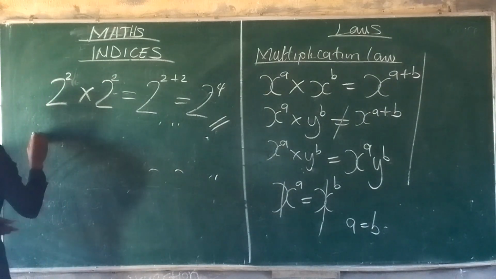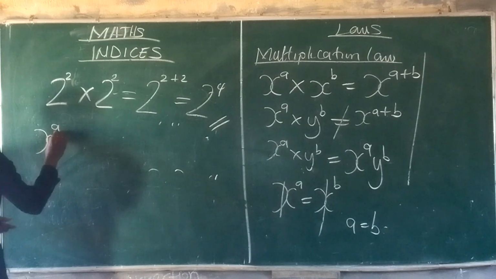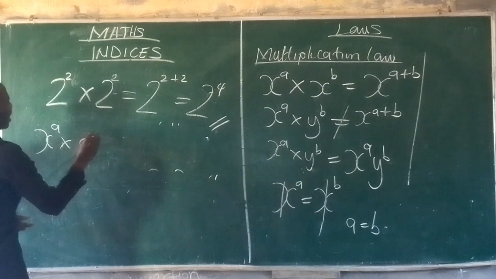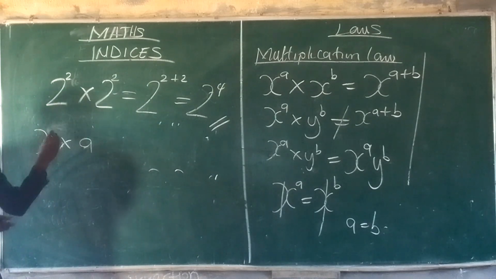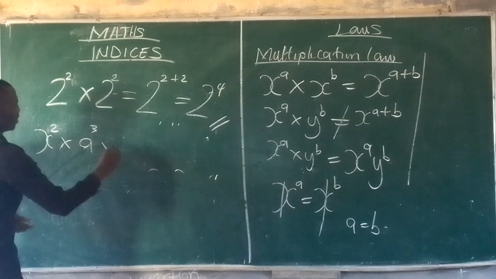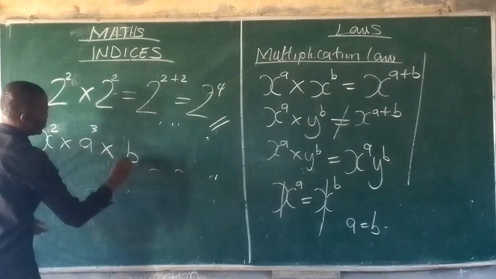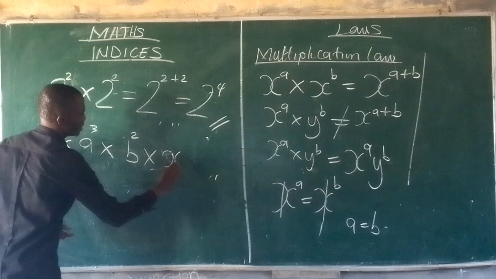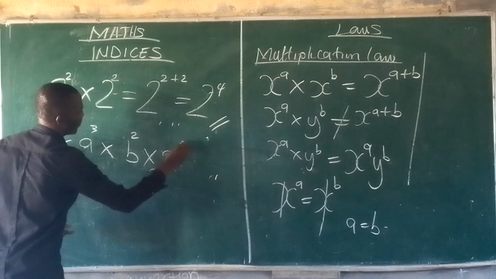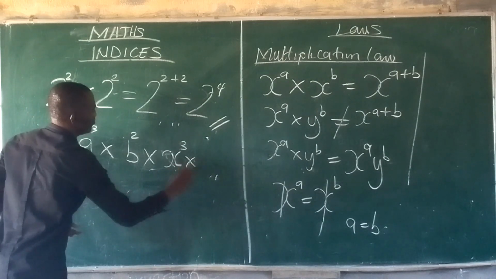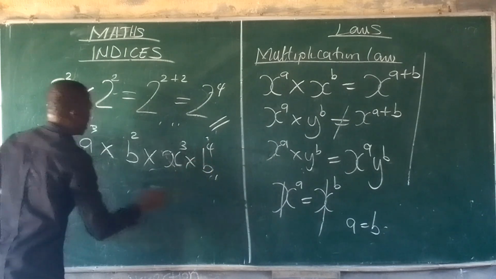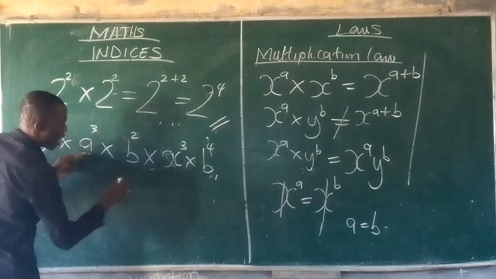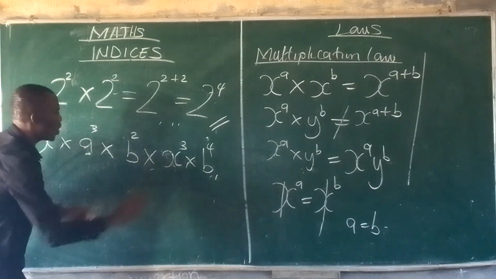Maybe we have x to the power of 2, multiplied by a to the power of 3, multiplied by b to the power of 2, multiplied by x to the power of 3, multiplied by b to the power of 4. You notice that there's no other a there.